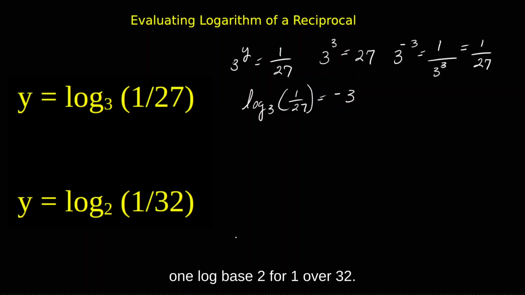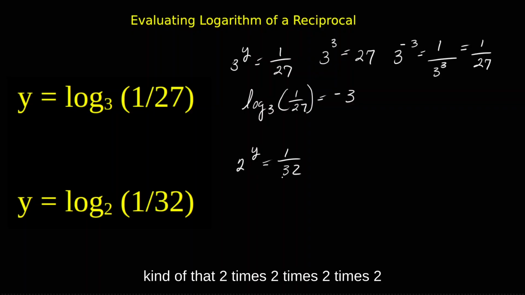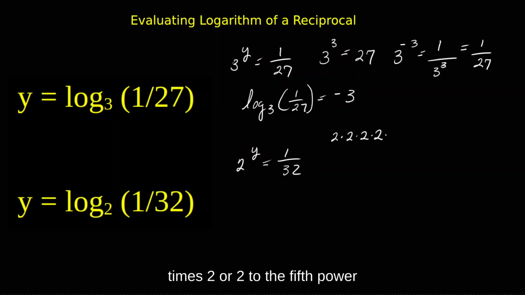Okay, the next one, log base 2 of 1 over 32. So 2 raised to some power is going to equal 1 over 32. I know that 2 times 2 times 2 times 2 times 2, or 2 to the 5th power, is equal to 32.